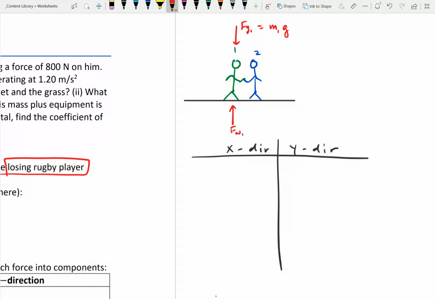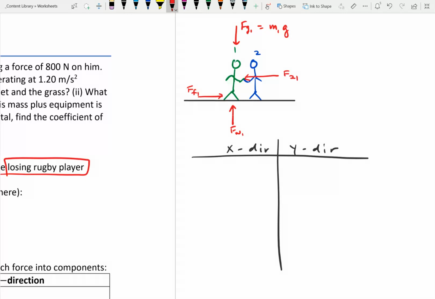Force normal 1 equals, well, we'll find it out. Because he's trying to push forward, we're going to have force friction 1 going forward. And then finally, we have player 2 pushing on player 1. So we have force of player 2 on 1. So there's our free body diagram for player 1, only showing the forces acting on player 1.